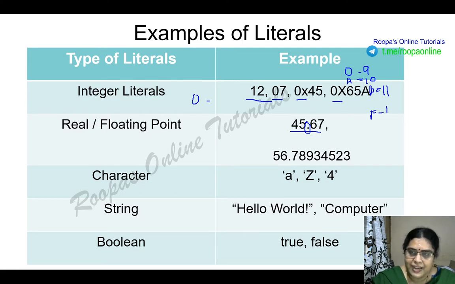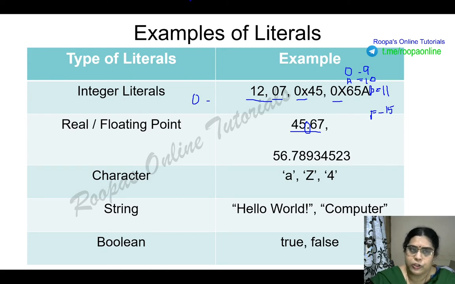Because we start from 0, we do not put 16 as the last number, we put 15. So the three types of integer literals are decimal, octal and hexadecimal.